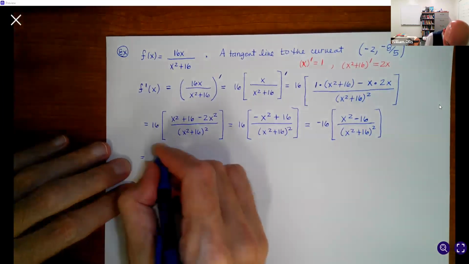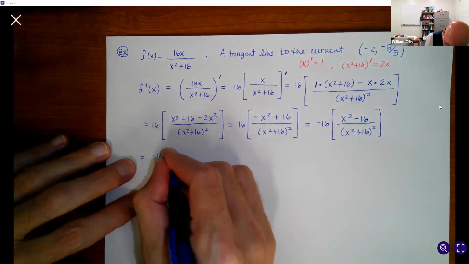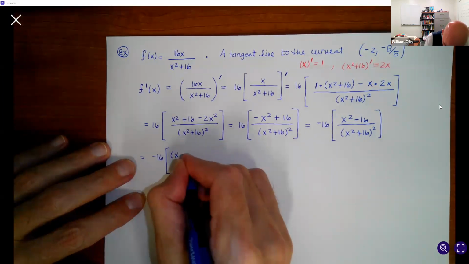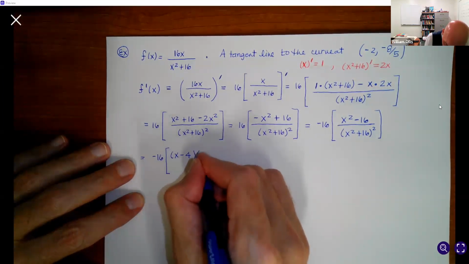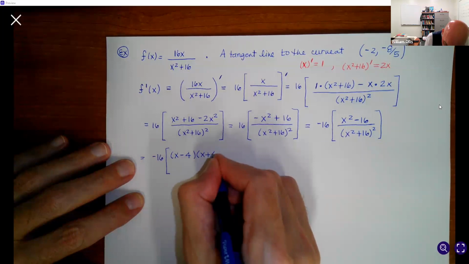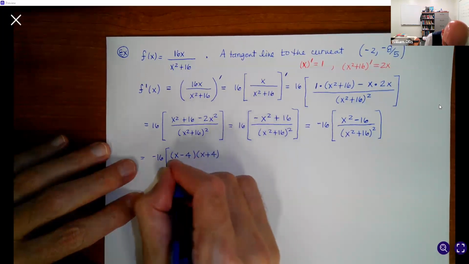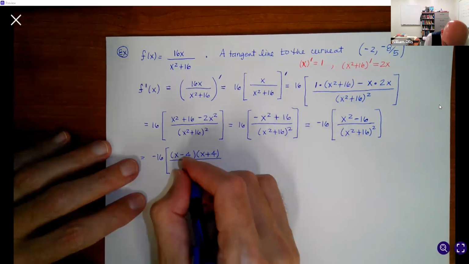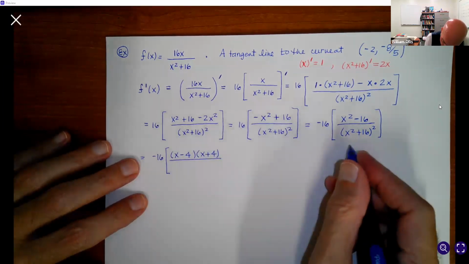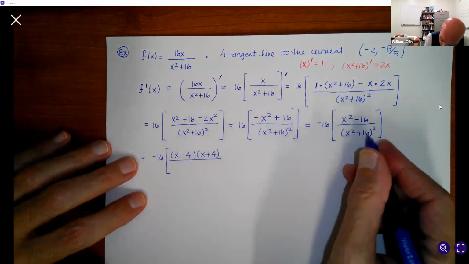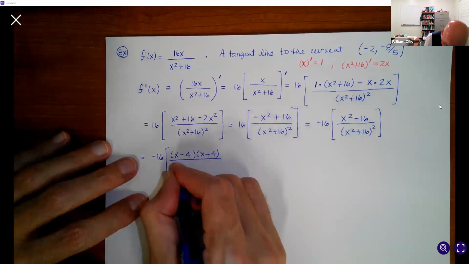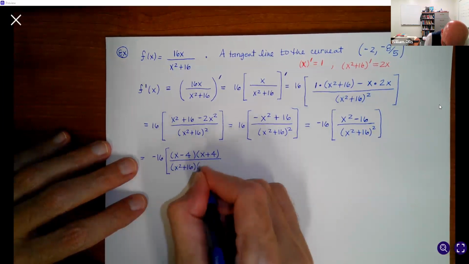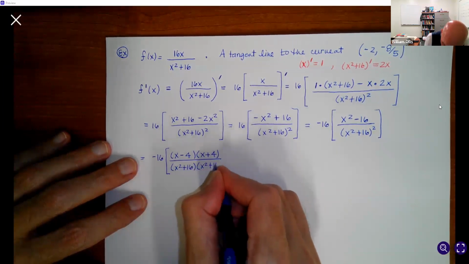So now this gives us a negative 16. And if you like, you can just type this in as x minus 4 times x plus 4, if it makes it a little bit easier to evaluate. Always your choice. And then of course downstairs we just have x squared plus 16 times x squared plus 16. So I just say x squared plus 16, x squared plus 16.